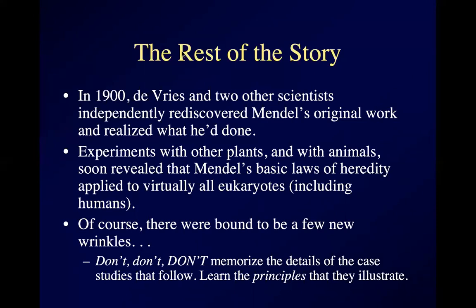I might ask you questions about corn snakes, for example. And you'll be able to answer those questions even if you have never seen a corn snake in your life, if you understand the principles that you're supposed to learn from looking at cats. These principles apply all over the place. So don't memorize cat fur color genes.